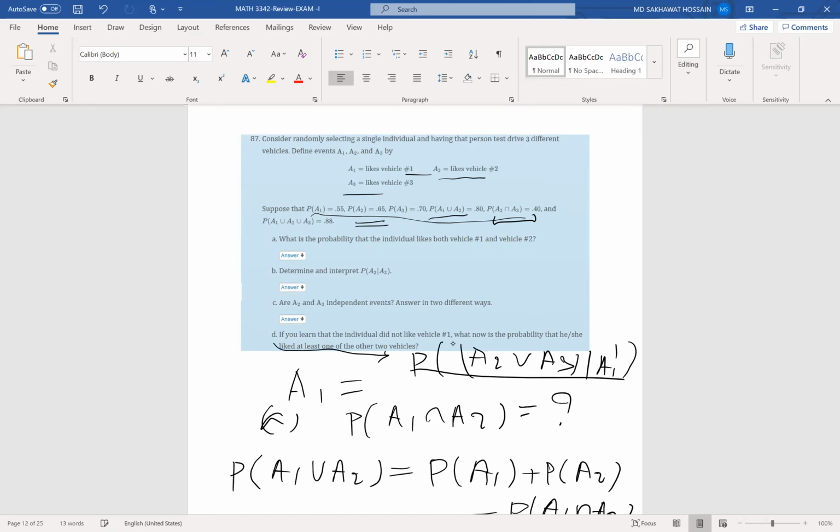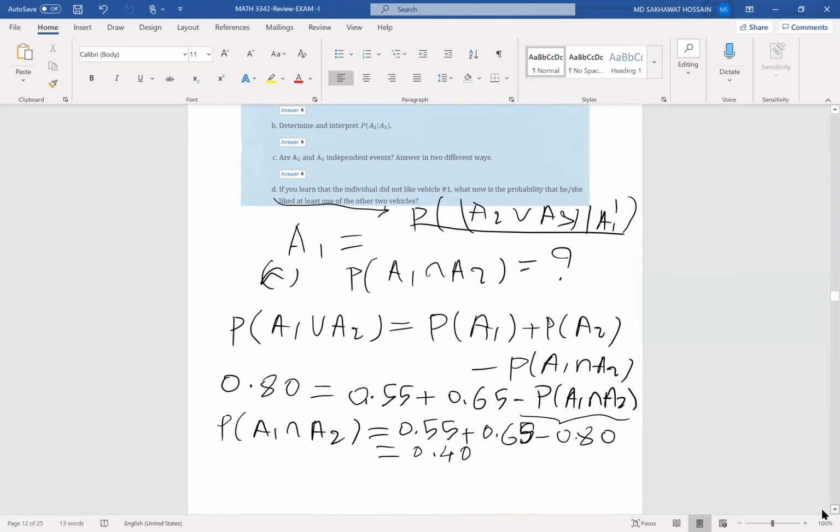So how can we calculate this probability? One way is you can construct the Venn diagram. That's the easiest way to calculate the probability for this type of problem, or you can use the formula.